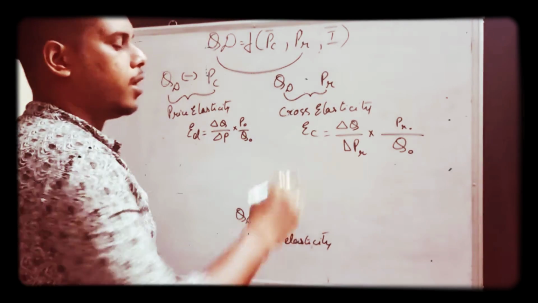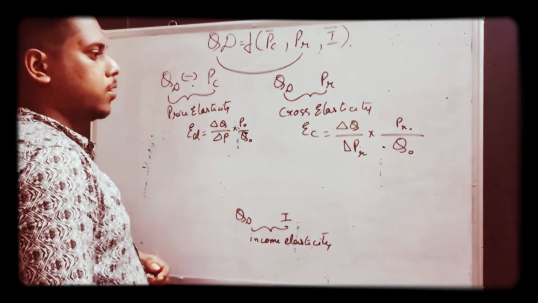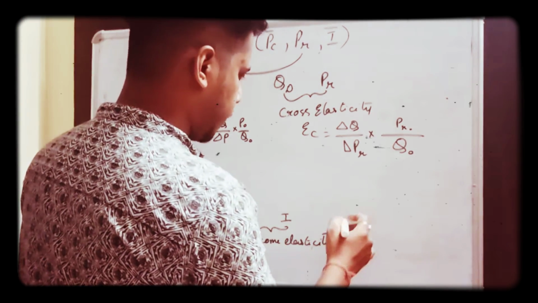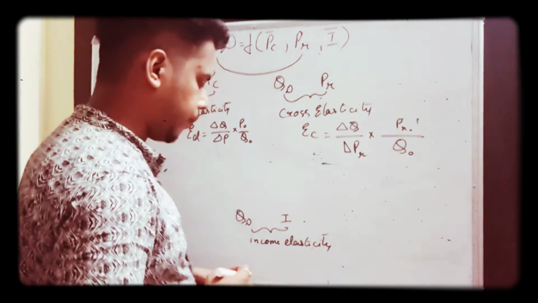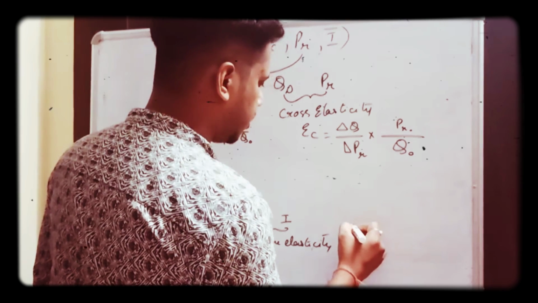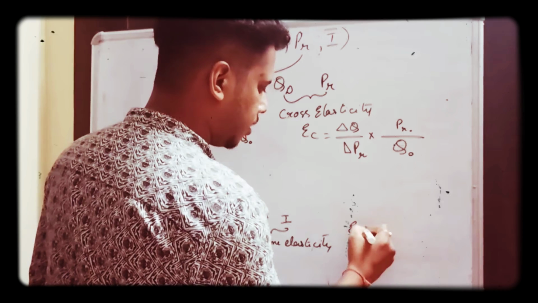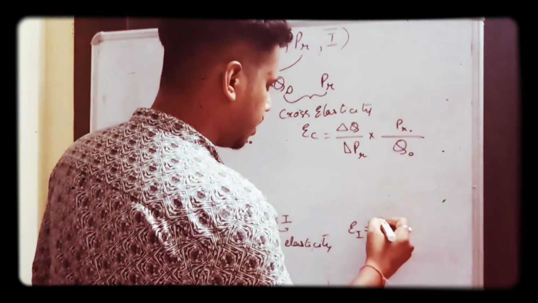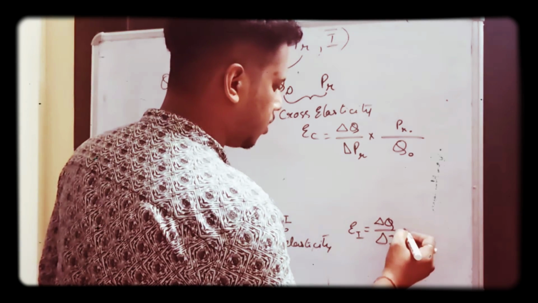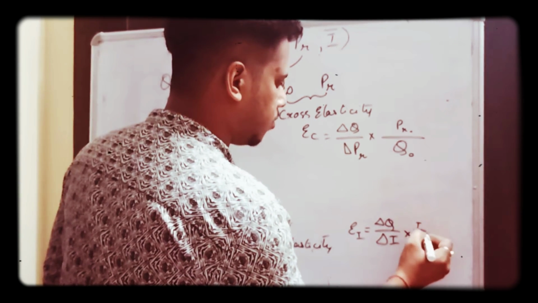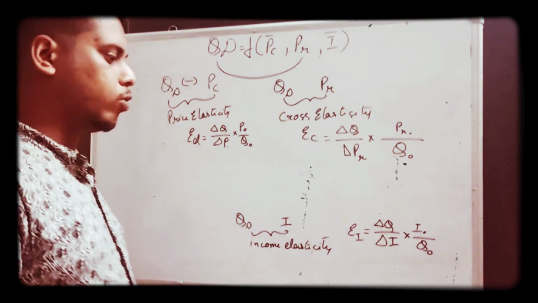So here PR implies price of related good. Okay. PR naught implies the base price of the related good. And for income elasticity, it is depicted as EI, and the formula goes like change in quantity demanded to change in income into base income by base quantity.